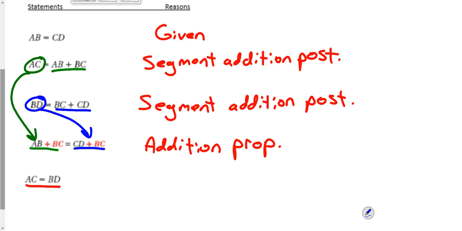So that is substitution. And then there we have proven that AC equals BD.